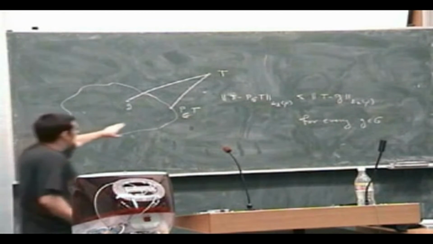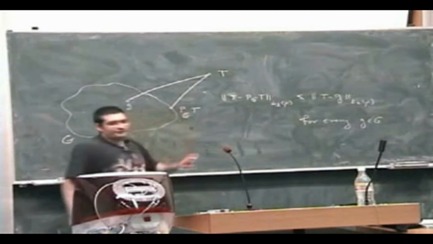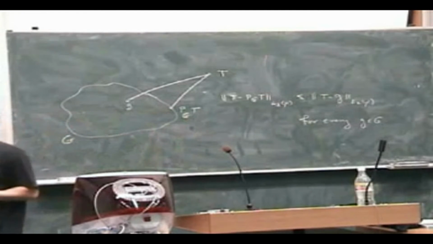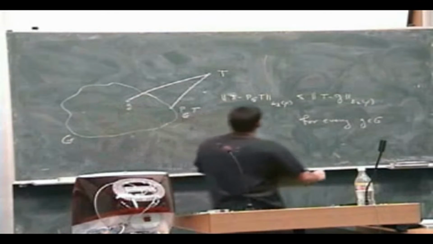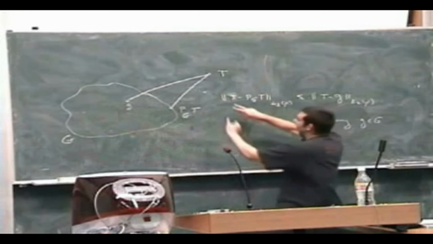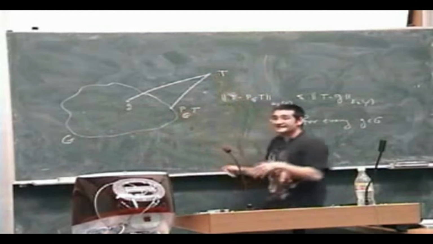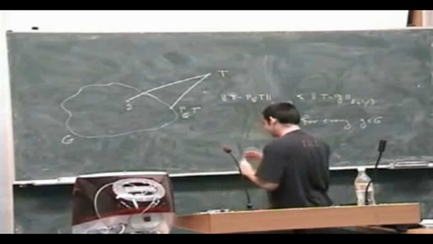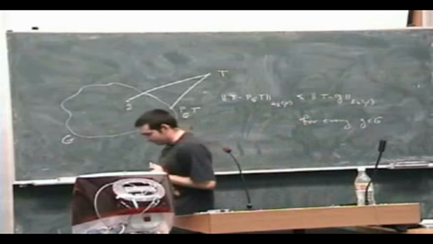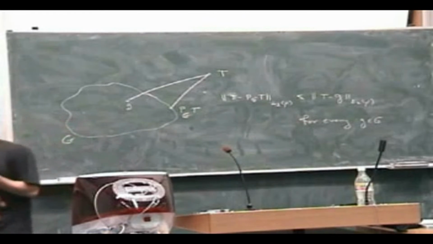Okay? So in other words, what I have are a certain number of points here. Okay? The values of the target function on these points. And using that information, I want to construct a function which satisfies this, which is almost the optimum in this sense. Okay? That's what we're shooting for.